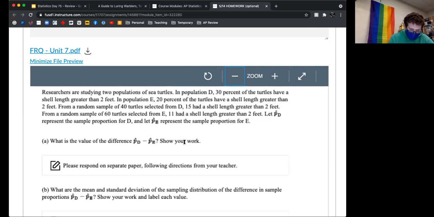And we can figure that out because p hat sub D is 15 out of 40, and p hat sub E equals 11 out of 60. We can figure out what those are. 15 out of 40 should be 0.375, and then 0.183.